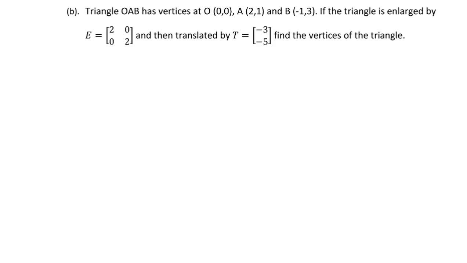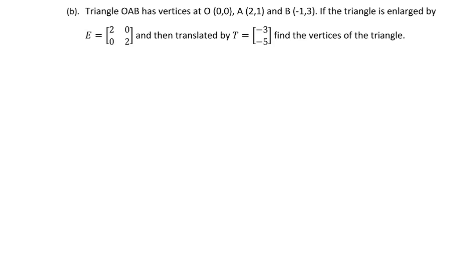Part B of the question: triangle OAB has vertices at O(0, 0), A(2, 1), and B(-1, 3).